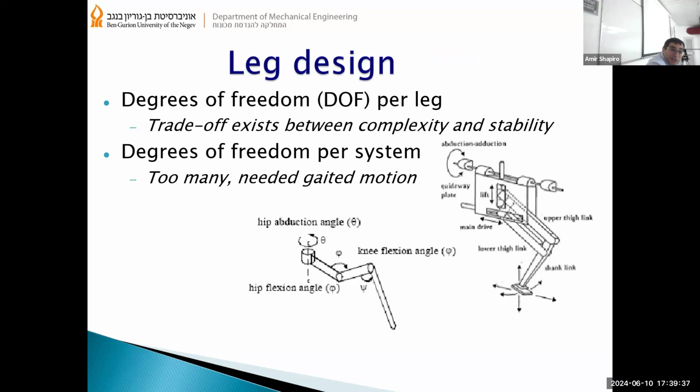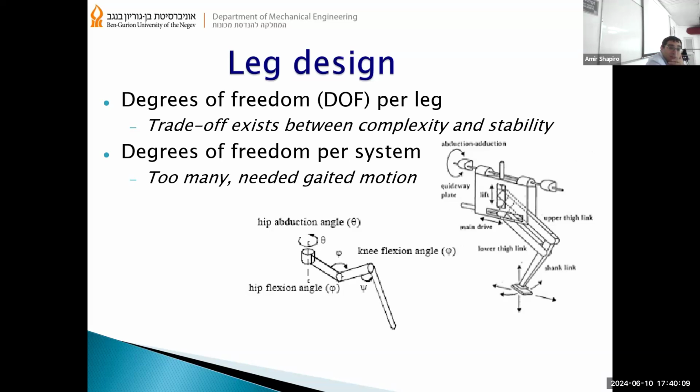Here's an example of a spider-like robot design. So there is a trade-off between complexity and stability. If we want more stability, sometimes we'll need more degrees of freedom.